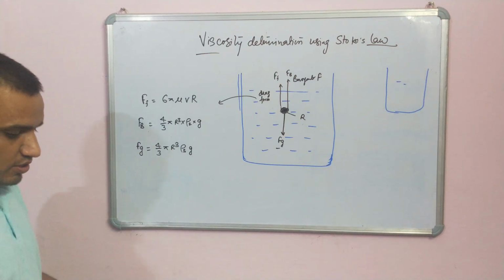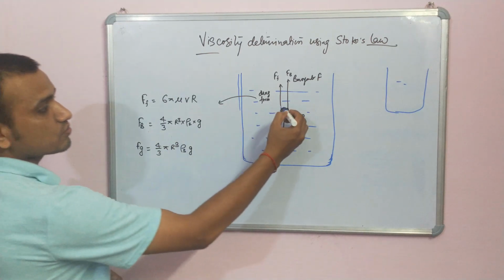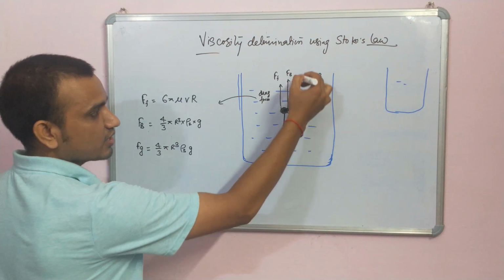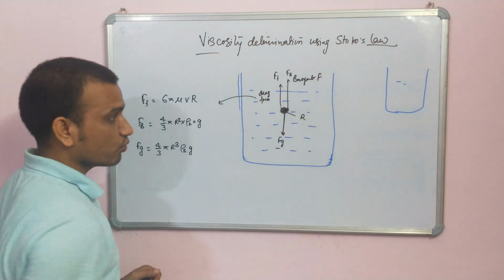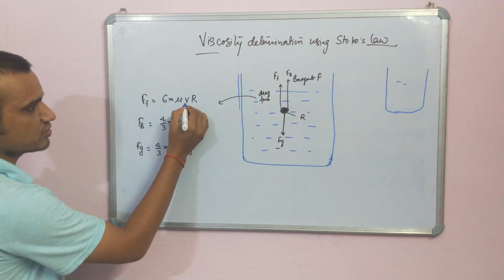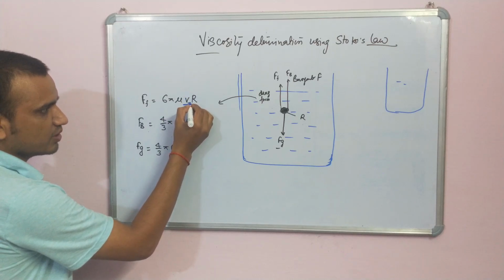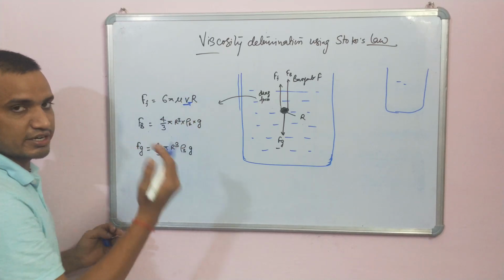Okay guys? Now you see here that when this solid starts moving downward, it attains a constant velocity. This constant velocity is termed the terminal velocity. We can write it as Vt also.